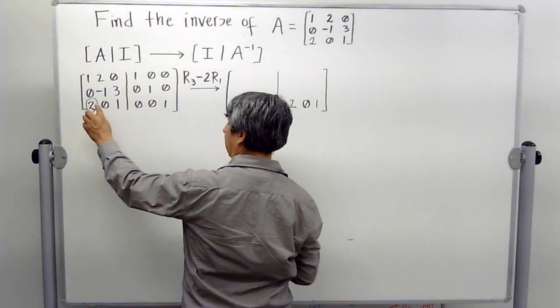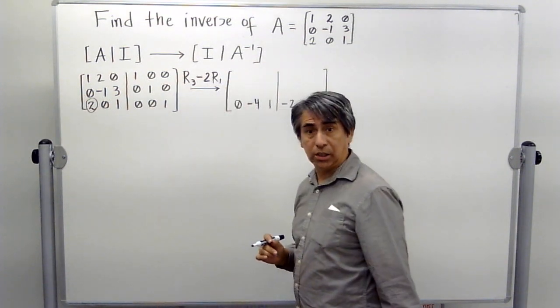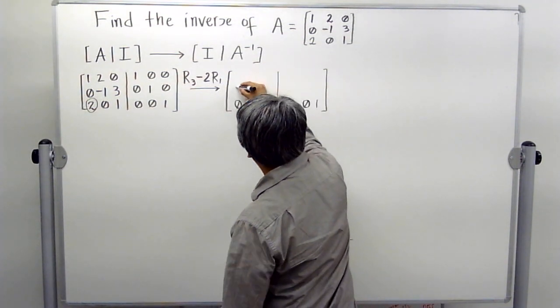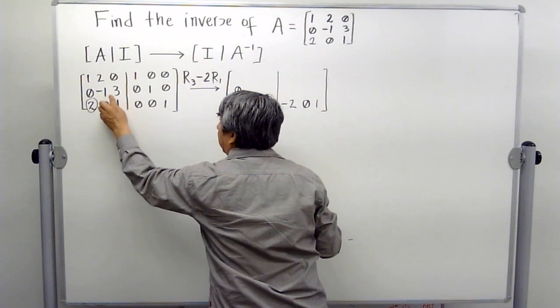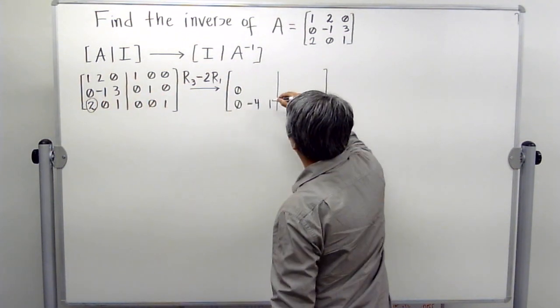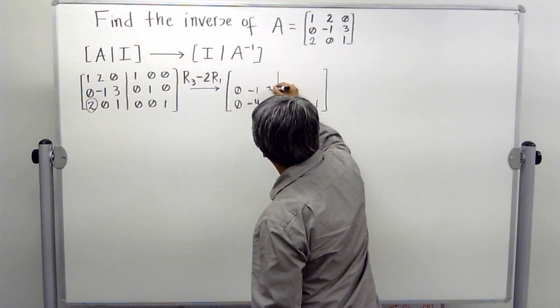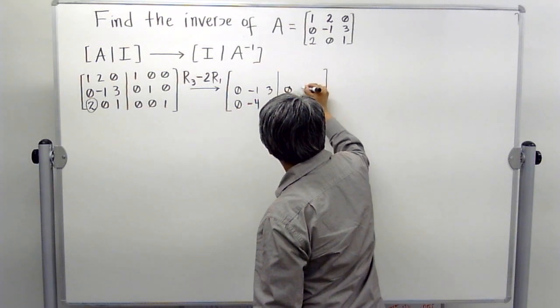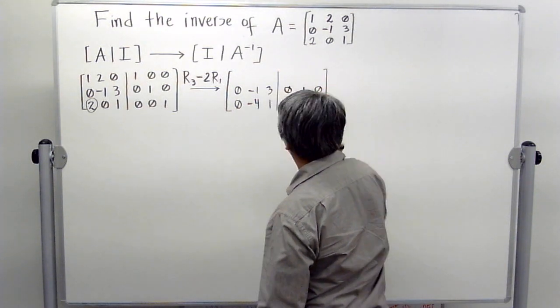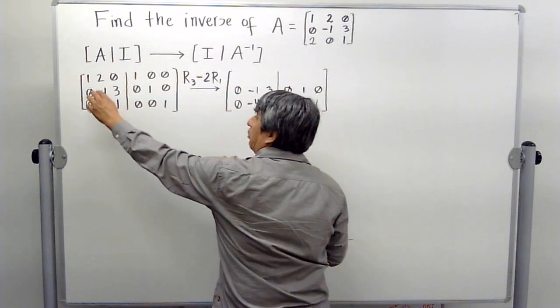Since we do not eliminate in row 2, we keep row 2, 0, negative 1, 3, 0, 1, 0. And we keep row 1.